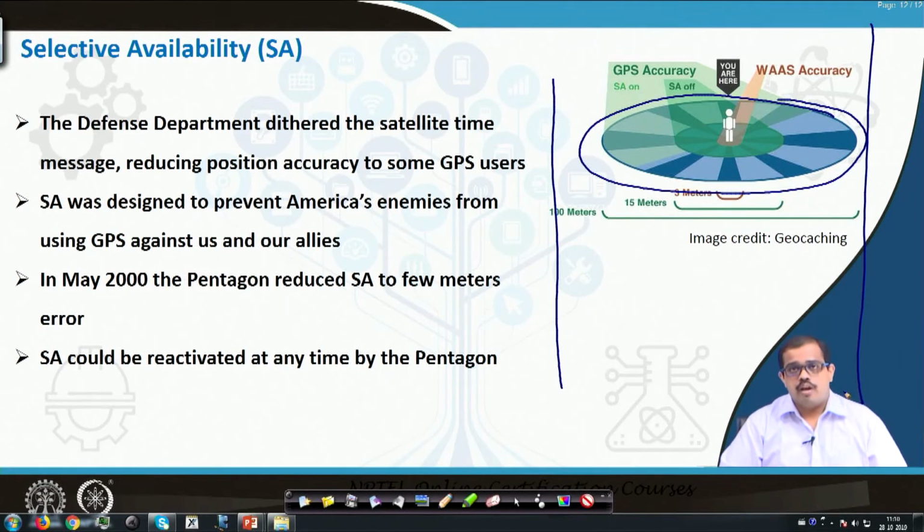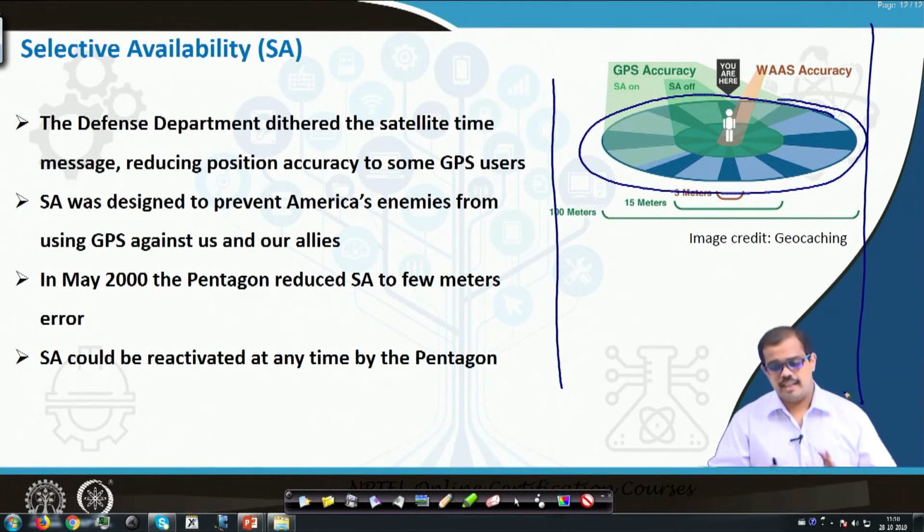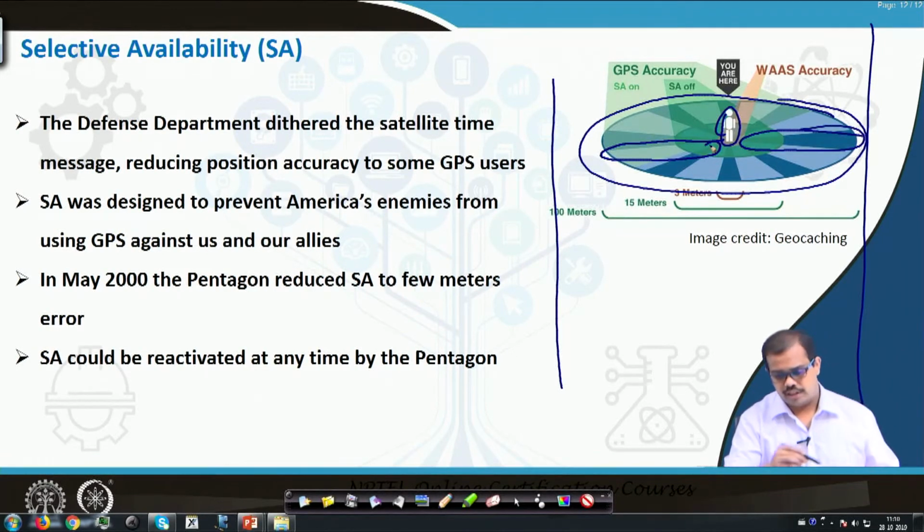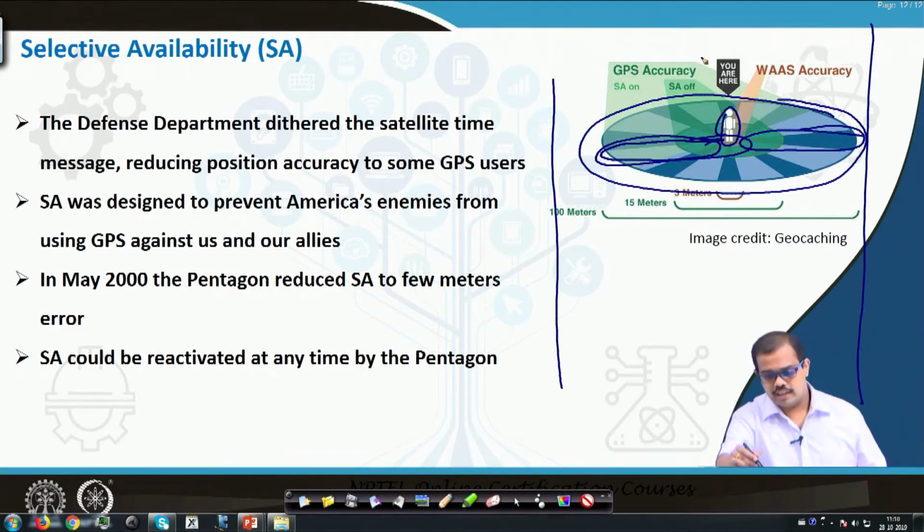Now when you have this radio signal coming here, and let us say that SA, or selective availability, is on, your point as a user can be located in this location or in this location. Depending on where the signal is, you may be located in this particular region. This is the entire signal for when the SA is on.